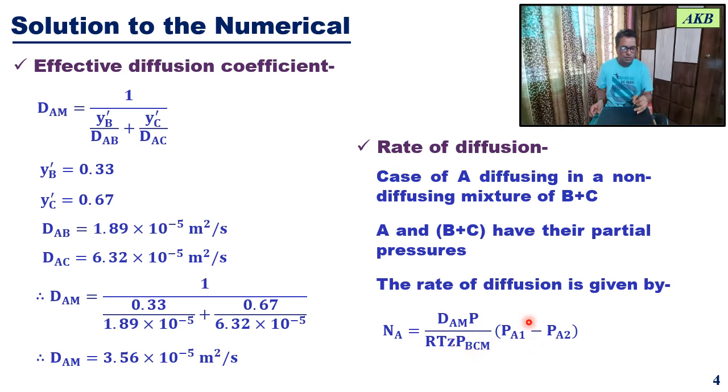PBCM is also not known to us. So first we will have to get values for these three, and then we can use the equation to get the value of Na. Ultimately, we are supposed to get the value for Na, that is the rate of diffusion. Okay, so let us move ahead.